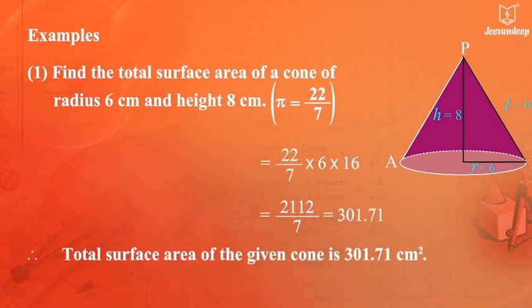Therefore, total surface area of the given cone is 301.71 centimeters square.